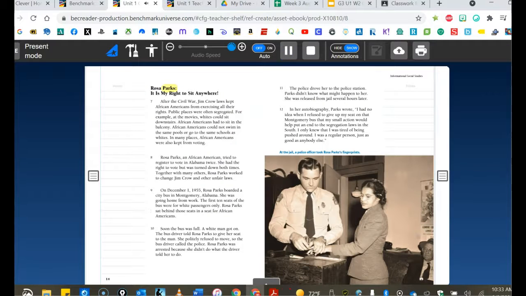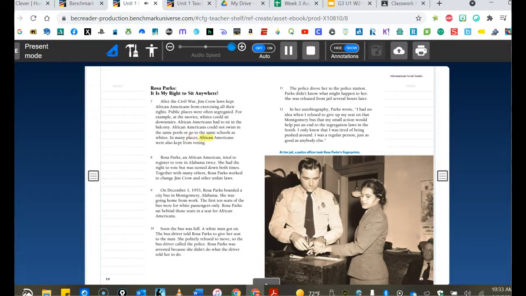Rosa Parks. It is my right to sit anywhere. After the Civil War, Jim Crow laws kept African Americans from exercising all their rights. Public places were often segregated. For example, at the movies, whites could sit downstairs. African Americans had to sit in the balcony.